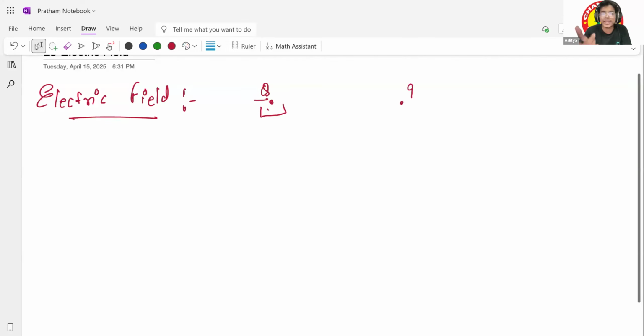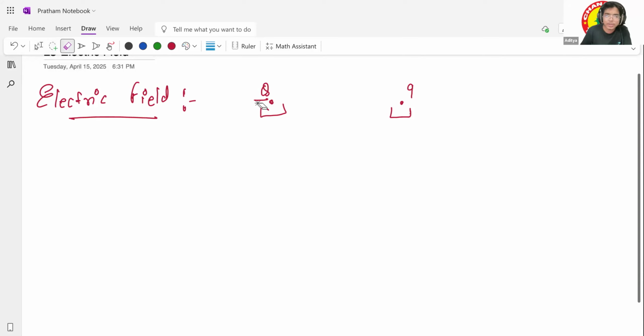What is the reason there is a force between them when there was none for a single charge? What's the reason behind that? I don't know. Okay, no problem.